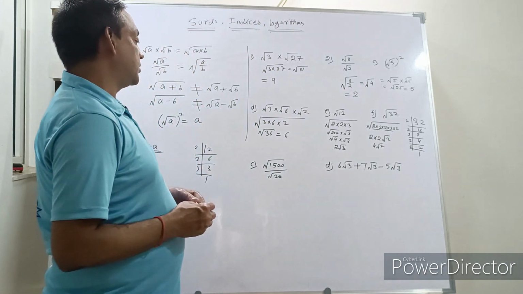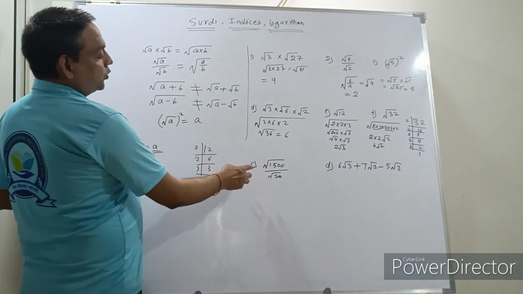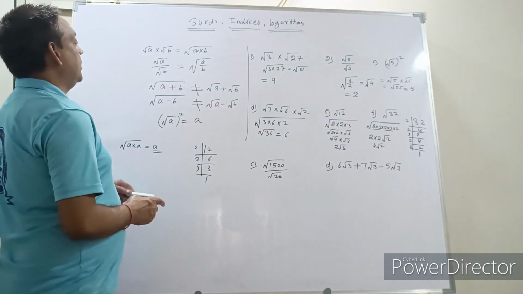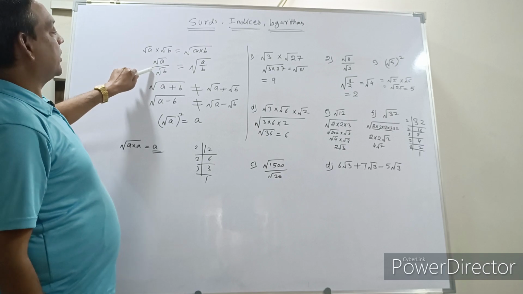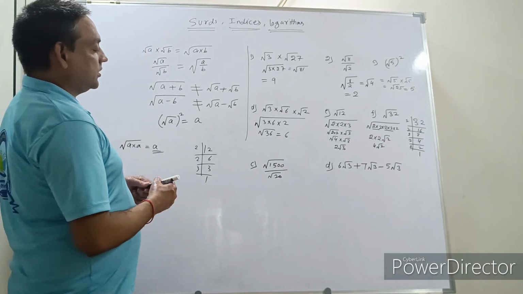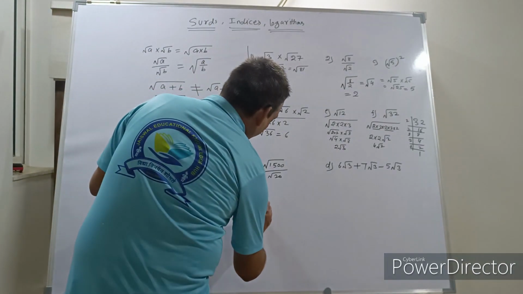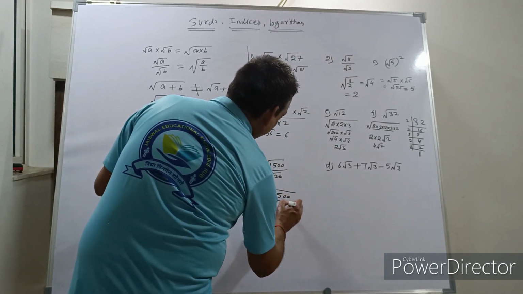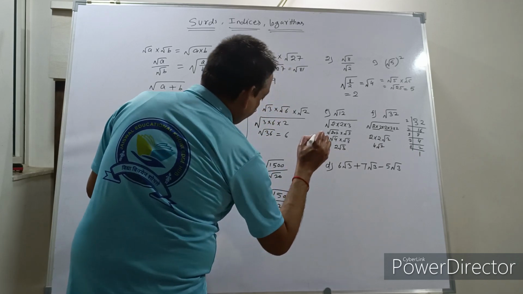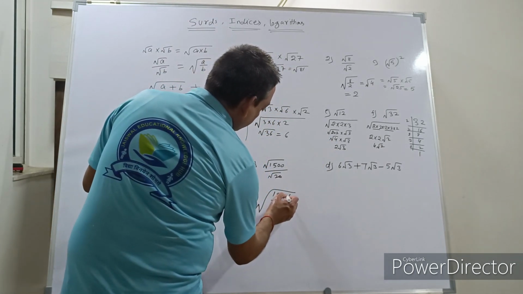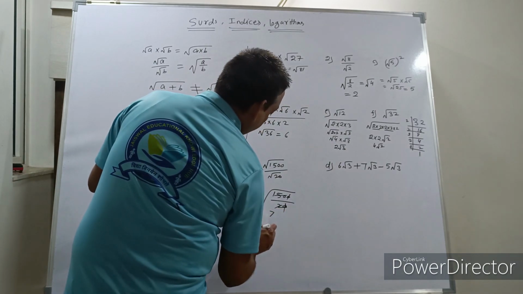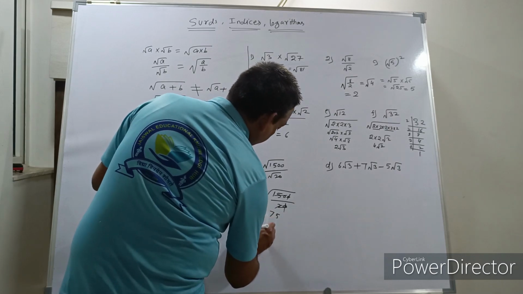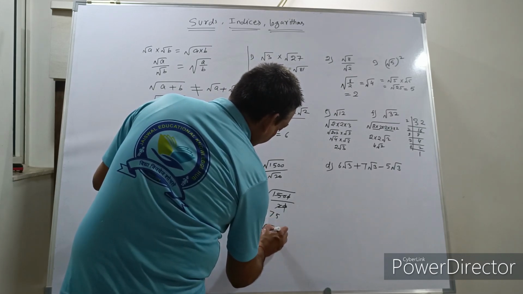Next one is square root of 1500 divided by square root of 20. Root of a divided by root of b is nothing but you can combine them. So that becomes square root of 1500 upon 20. So 0 and 0 get cancelled. 2 1s are 2, 2 7s are 14, 1, so it becomes 5. So it becomes root 75.